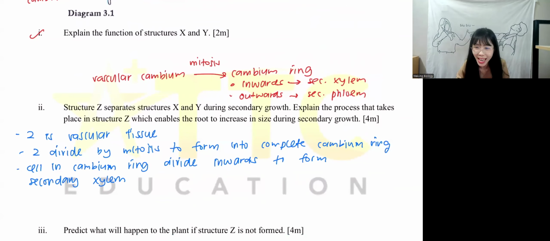Sorry, vascular cambium. Sorry, guys, I wrote it wrongly. Why did I write tissue? Cambium, thanks. It's vascular cambium. Top right correctly, answer written wrongly also wrong. Okay, so cambium.